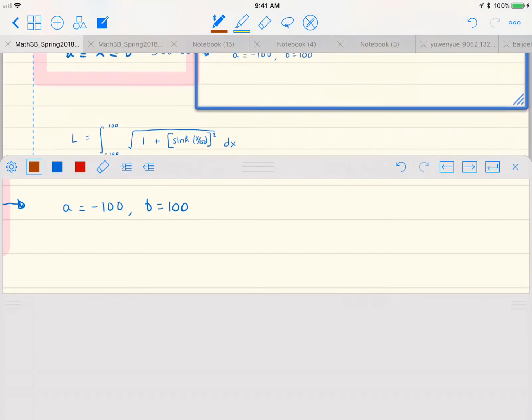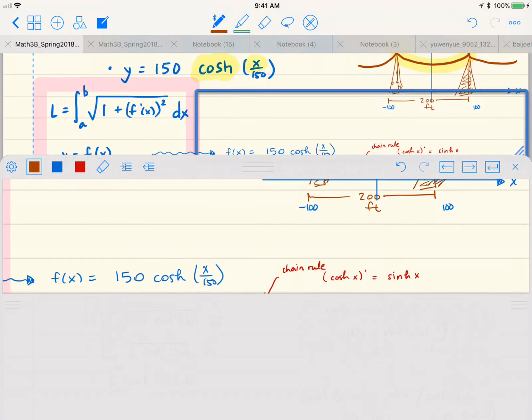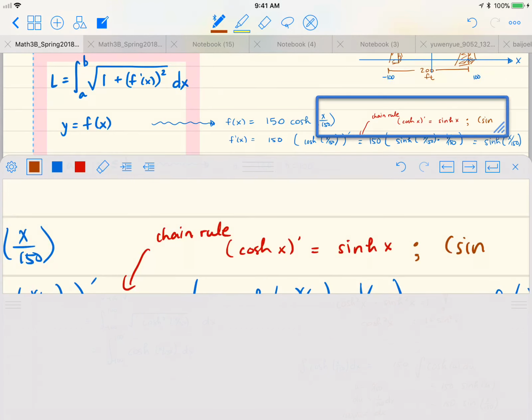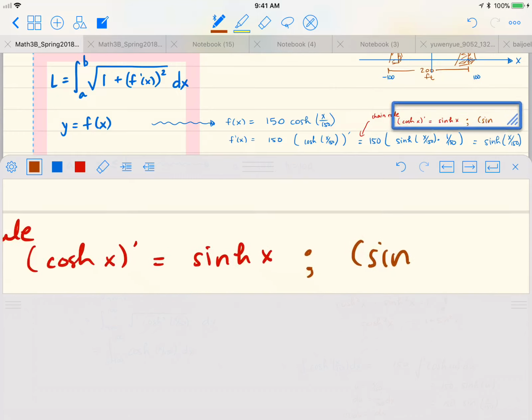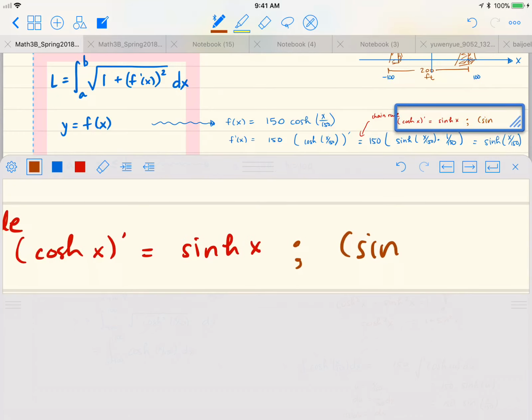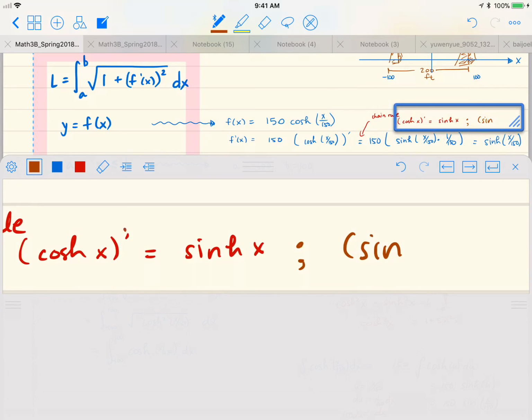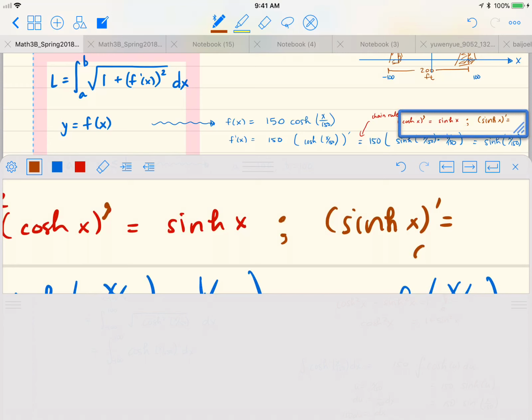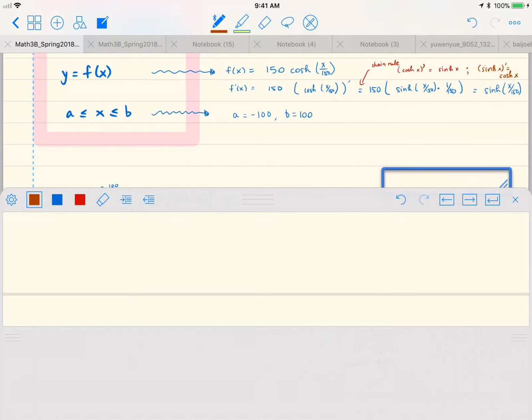So again, that's one of the properties: the derivative of cosh is sinh, and the derivative of sinh is cosh. So why do we care about that?